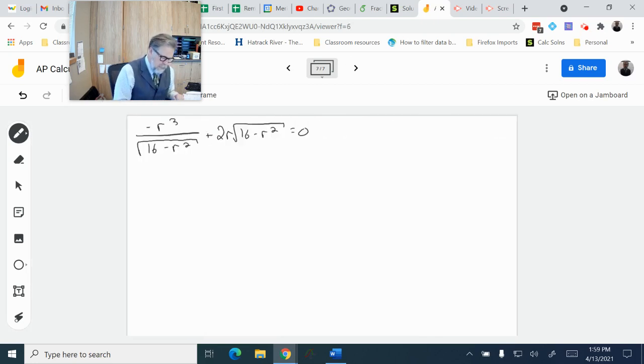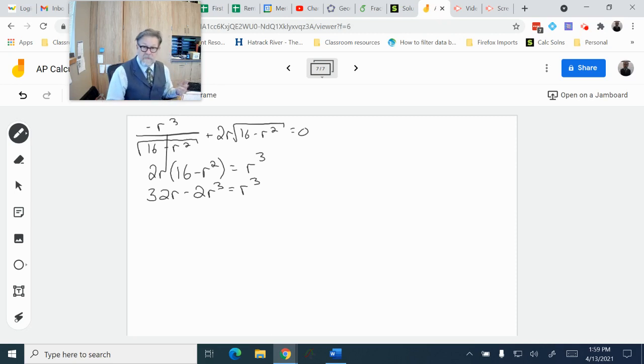I'm going to multiply everything by the square root of 16 minus r squared, and move the negative term to the other side. So what I get here is that 2r times 16 minus r squared is equal to r cubed. Not sure yet whether that was the best thing to do, but playing it by ear, we've got 32r minus 2r cubed equals r cubed.